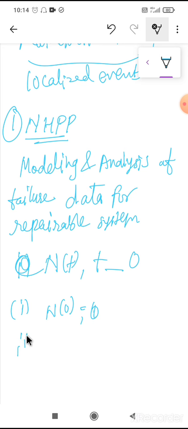The second condition is that N(t), for t greater than or equal to 0, has independent increments.